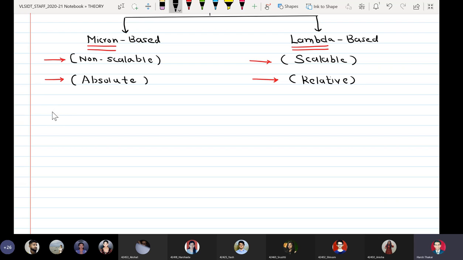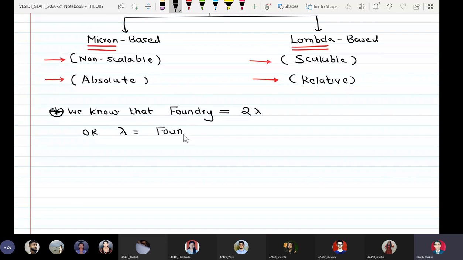So we know that the foundry is equal to 2 times lambda, or we can say lambda is foundry divided by 2.